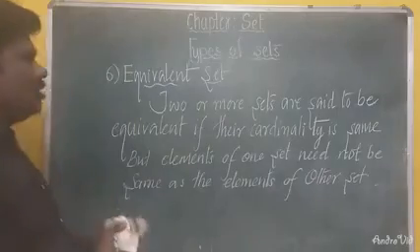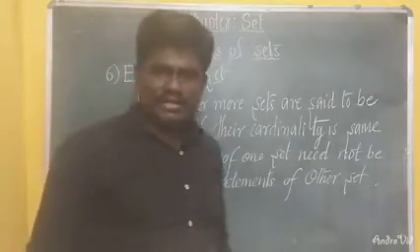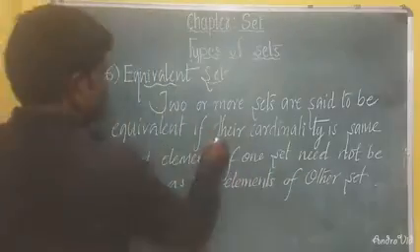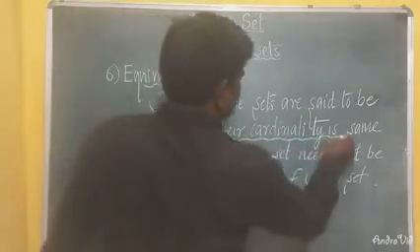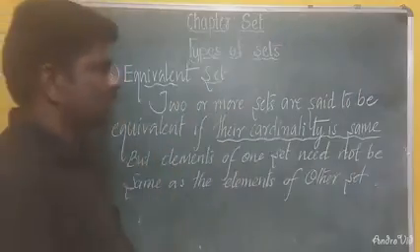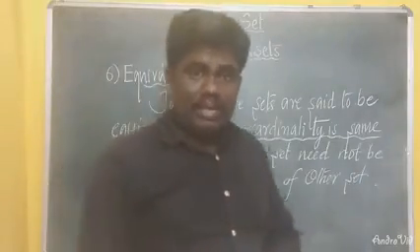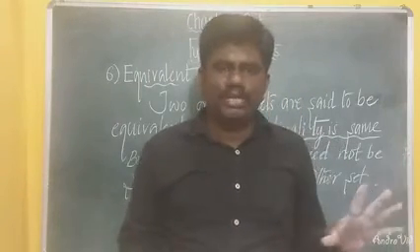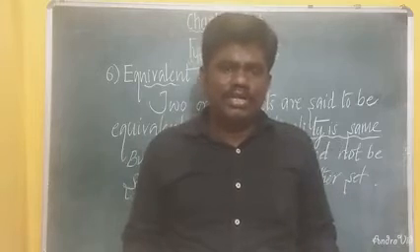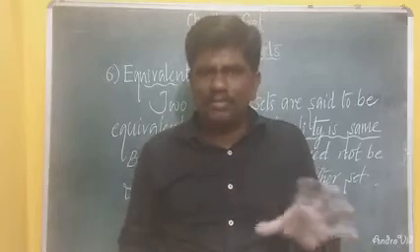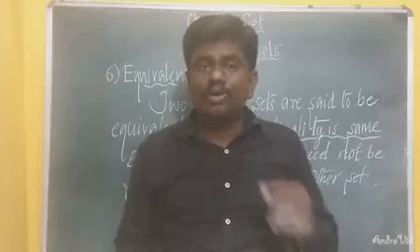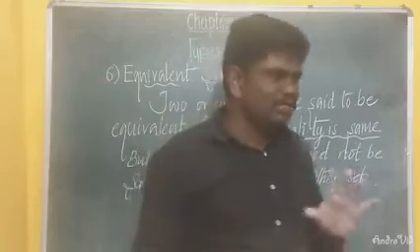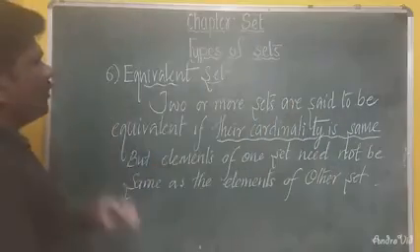So here only if one condition is satisfied, then they are equivalent. What is that condition? Their cardinality is same. If this is satisfied, even though the elements are different, like in the equal sets, elements must be same, but in the equivalent set, if the size of the sets is the same, it is enough. There is no condition that the elements also must be same. Such type of sets are called equivalent sets.